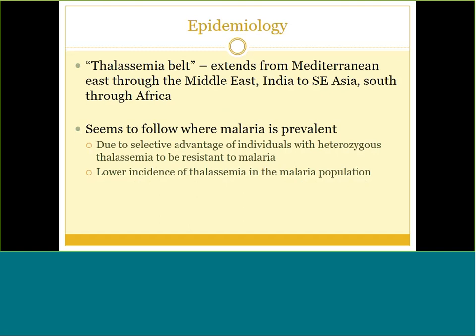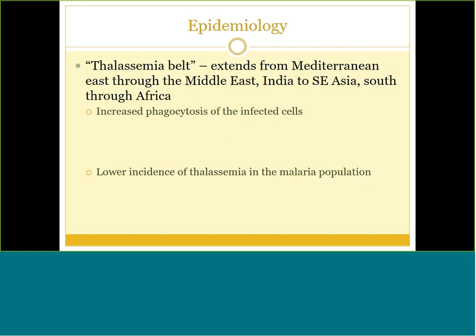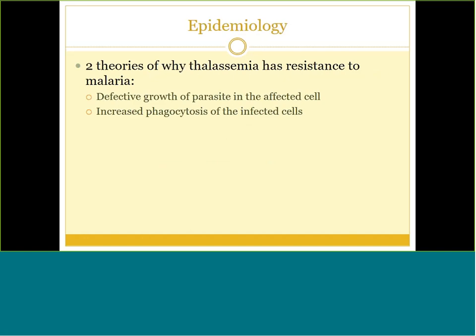So thalassemias tend to occur in the same kind of heritage as what we just discussed with sickle cell. Mediterranean through Middle East, India, Southeast Asia, south through Africa. So that same area of the world that we discussed with sickle cell and with malaria. It seems to follow where malaria is prevalent. There's two theories of why thalassemia, again, has kind of that resistance similarity, like we said with sickle cell anemia.